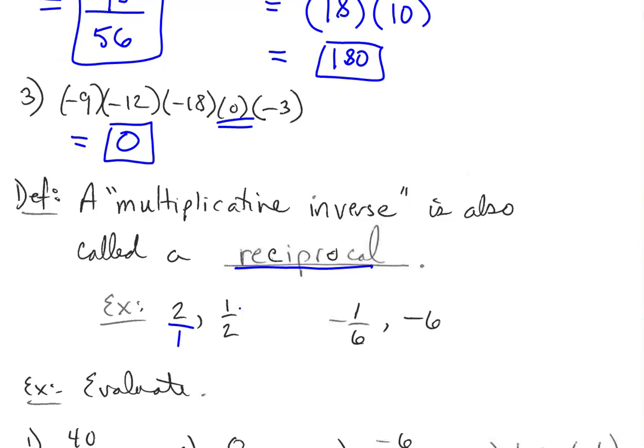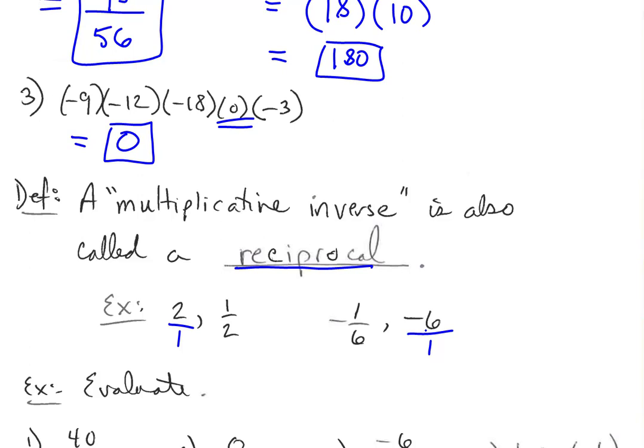You're just changing what's the numerator and denominator. Similarly, with the second example of -1/6 and -6, again, if you see -6 as a fraction over 1, then this works the same way. You simply flip the number upside down. And so that's one way to understand a reciprocal.